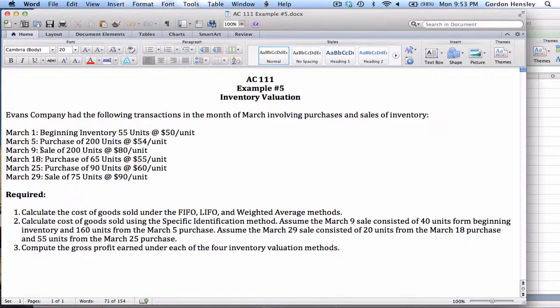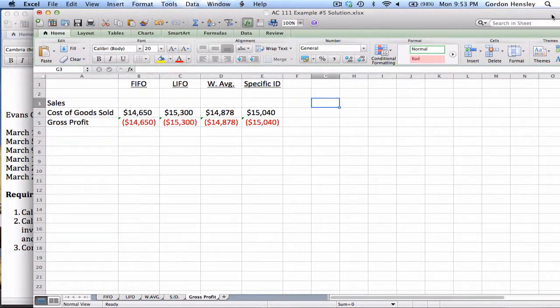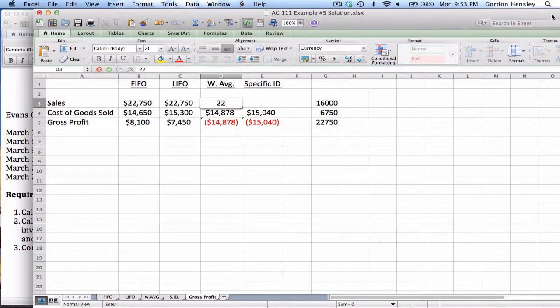I sold 200 units at $80, and I sold 75 units at $90. If I add those 2 up, that's a total of $22,750. So I can plug in $22,750 across the board for my sales.